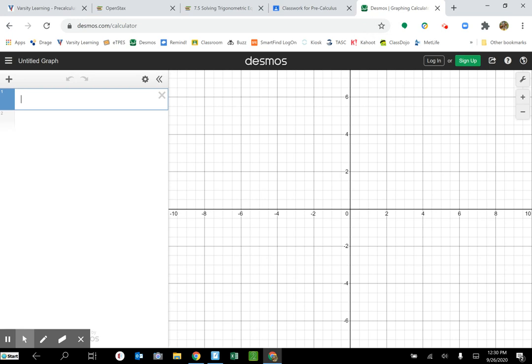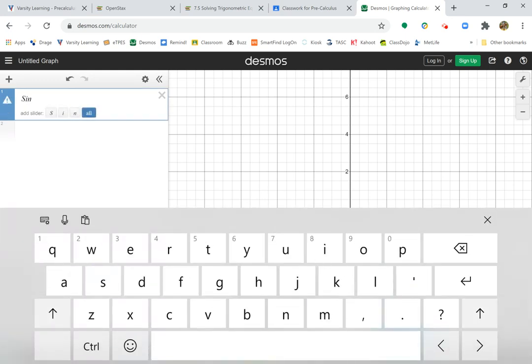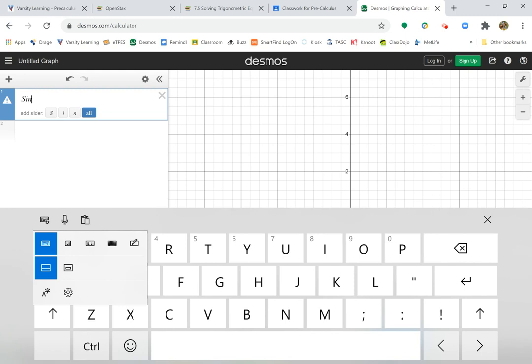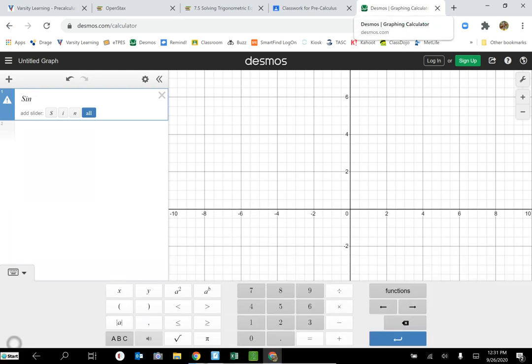Where's my keyboard? I got to get rid of that. Get the keyboard. You want to type in sine of x, and parentheses. Where's their keyboard? Where are my numbers in here? I need their keyboard. Oh, here we go. This is better. Get rid of that.